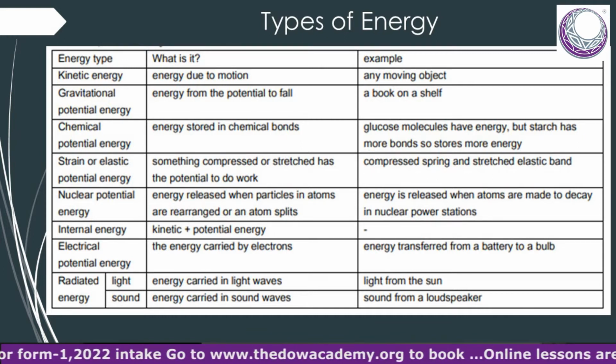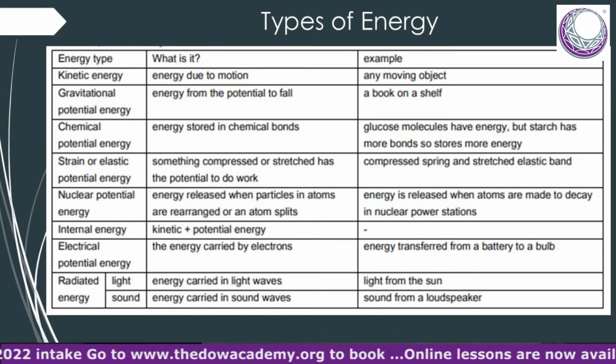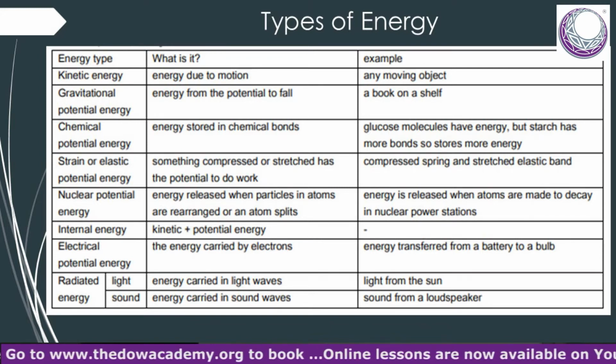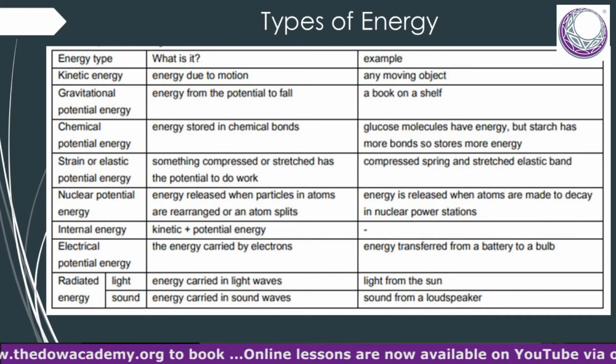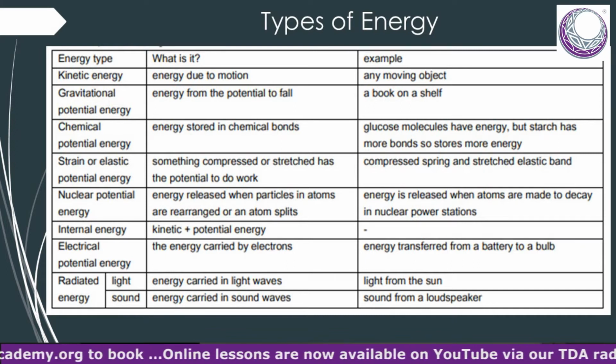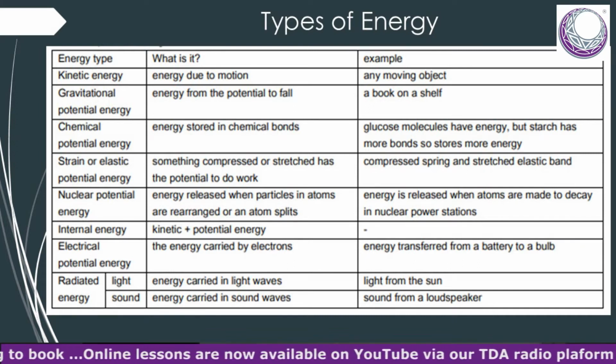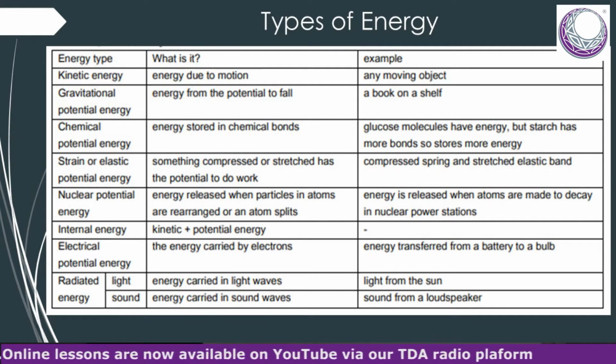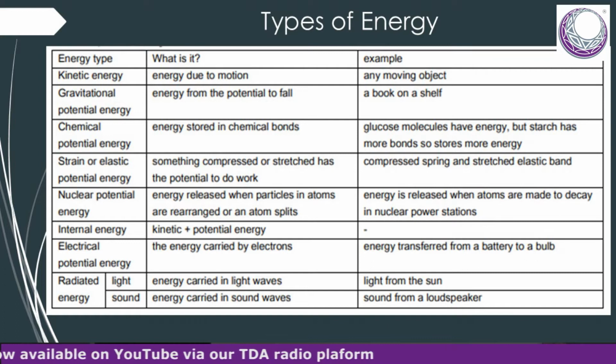It already has g.p.e. because of its height. For example, a book on a shelf, because it is a certain height above the ground, already has potential energy, in this case g.p.e, it can fall. So g.p.e is energy of position due to height.